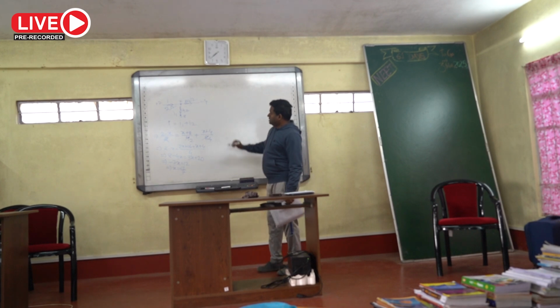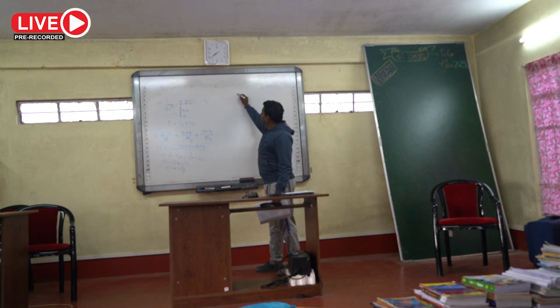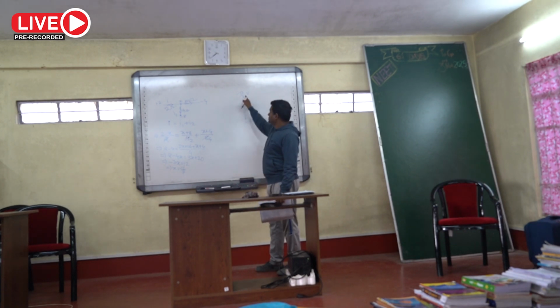Then this point X is minus 12 by 7 volt. This point is minus 8 volt. So this is comparatively high potential and this is the low potential. Then current will flow in this direction and that is I1.